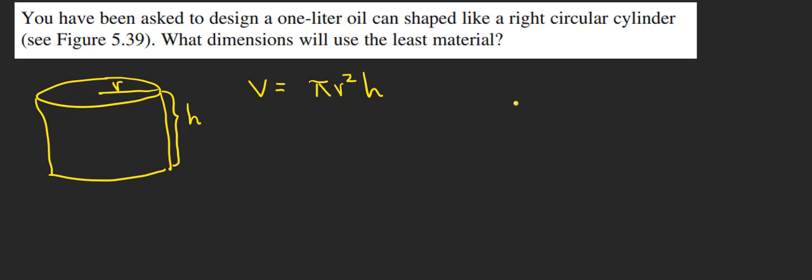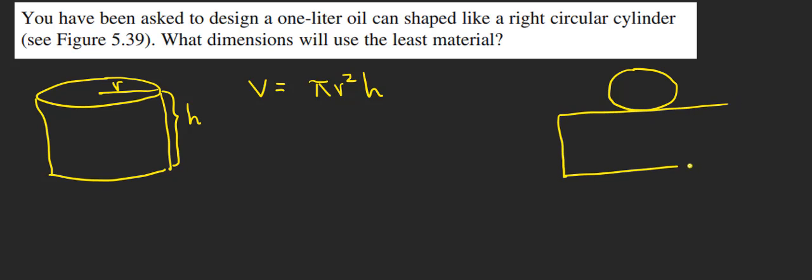How do you find the surface area? Well, let's open this up. You'll get a circle on the top, and you have a lateral area, and you have a circle on the bottom. The area of the two circles is 2 pi r squared.